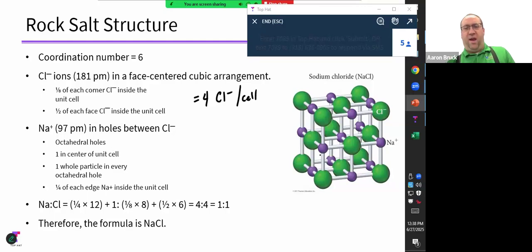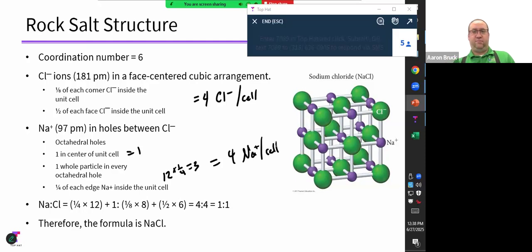The sodiums are occupying the octahedral holes. And so we have 1 in the center of the cell and 12 on the edges. So 4 sodiums per cell.